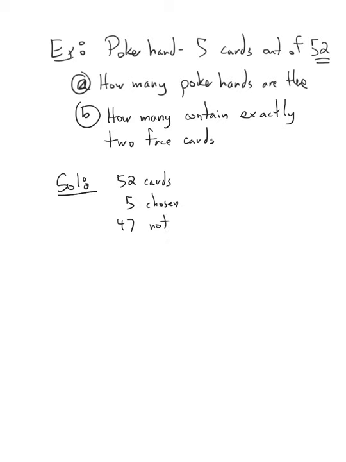So again, if you have 52 letters, 5 of which are, say, C for chosen, 47 are X's for not chosen, any arrangement of those will give you a new poker hand if you give some sort of order to the 52 cards. Maybe you say the ace of hearts is card 1, the 2 of hearts is card 2, the 3 of hearts is card 3, etc. If you come up with some order for the cards, then any arrangement of those 47 X's and 5 C's gives you a new poker hand.